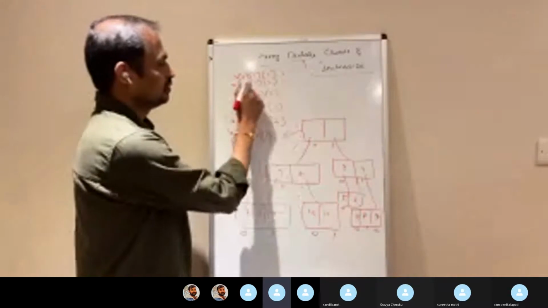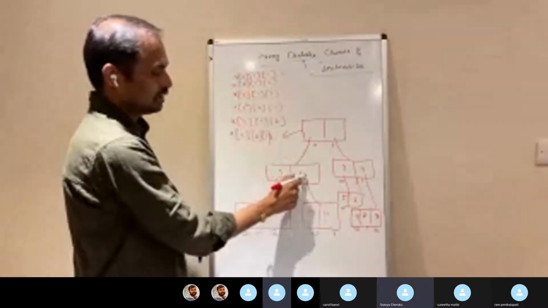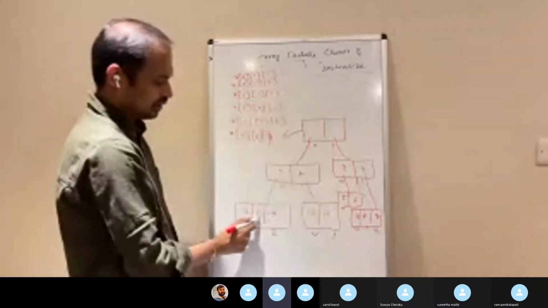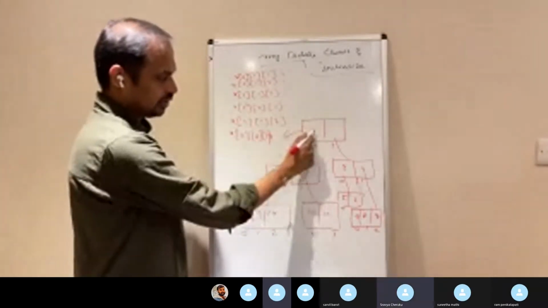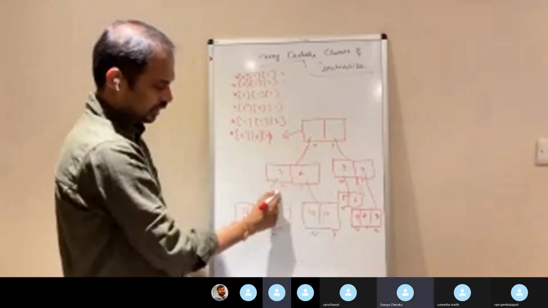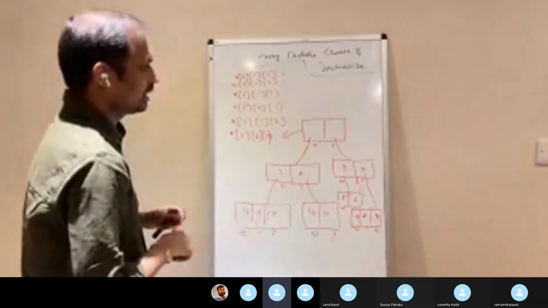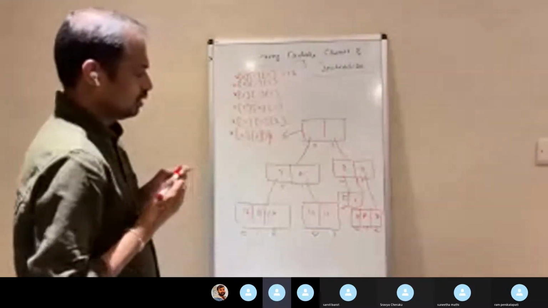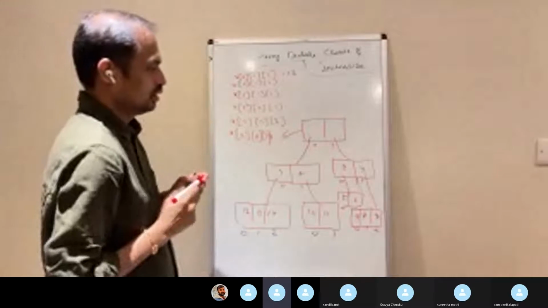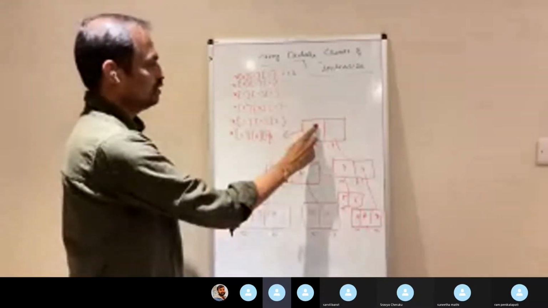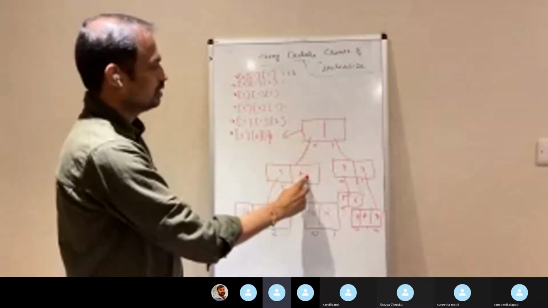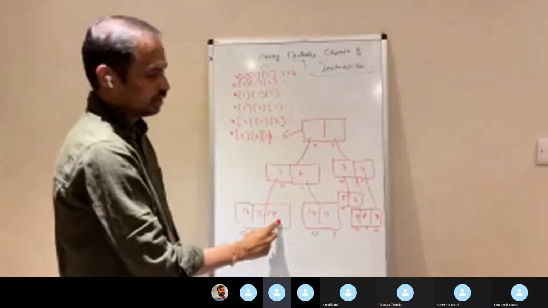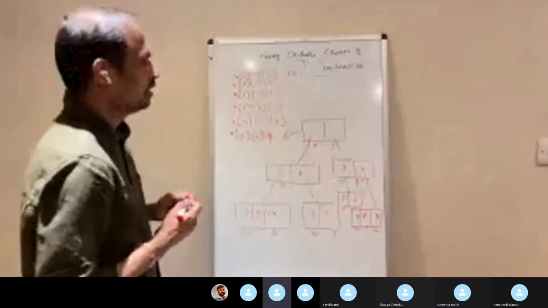x of 0. What is 1? This is 1, 11. Next one, this is 1, right? x of 0, x of 2, x of 1 is 13, right? Can you tell me the next value? x of 0, x of 1, x of 2 is 14.